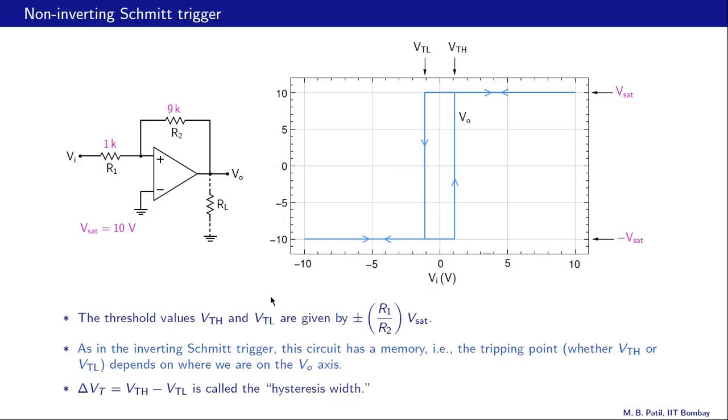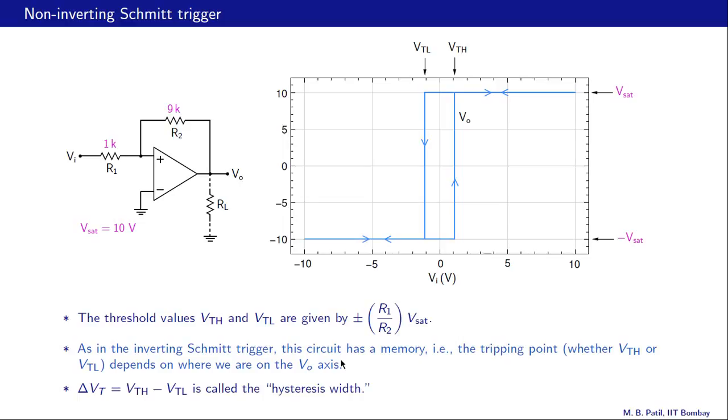Let us summarize the situation for the non-inverting Schmitt trigger. Here are the threshold values Vth and Vtl. Vth is given by plus R1 by R2 times Vsat, and Vtl is given by minus R1 by R2 times Vsat. And as in the inverting Schmitt trigger, this circuit also has a memory. Why do we say that?